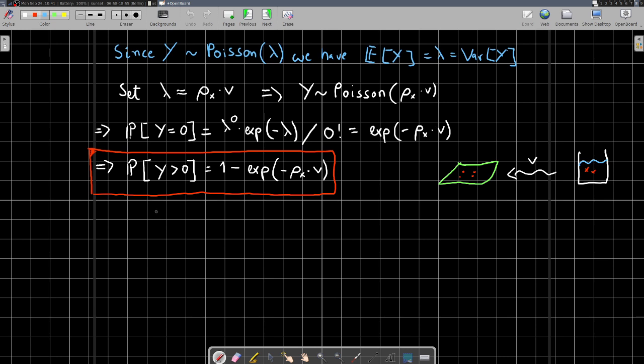And we can also obtain the probability that we have at least one organism in the solution, which is just the complement, 1 minus the probability here. So if we would know the original concentration, we could give for any diluted solution the probability of the agar plate being infected.